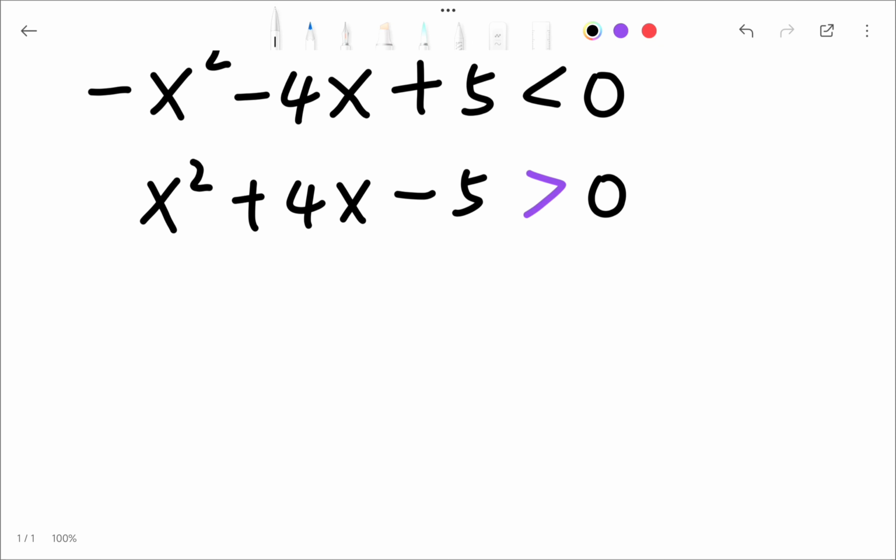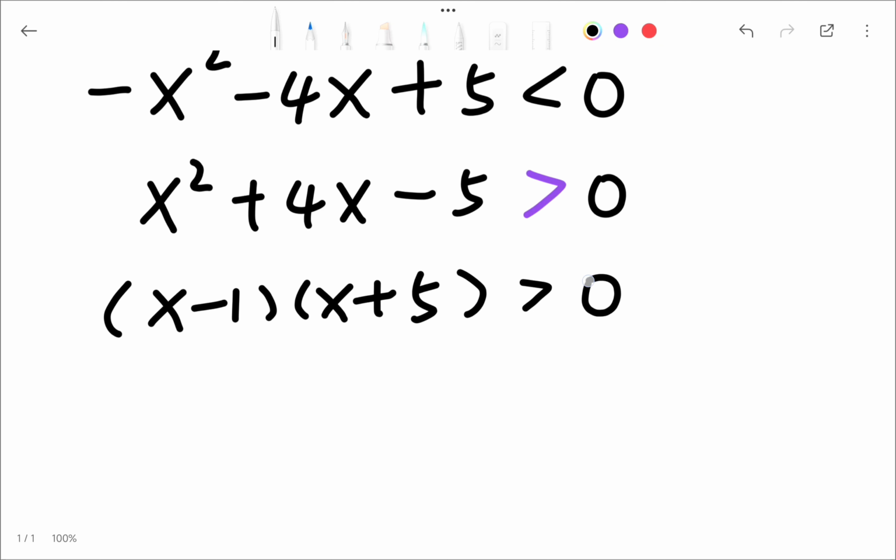Let's see if I can factorize this. Turns out we can, and this makes things much easier. We can easily see the answer is either 1 or -5 if it was an equation.